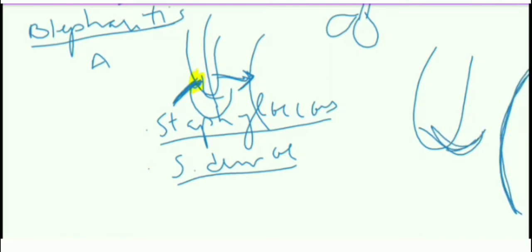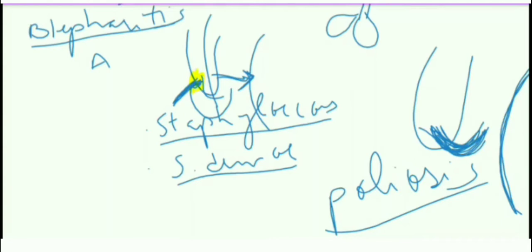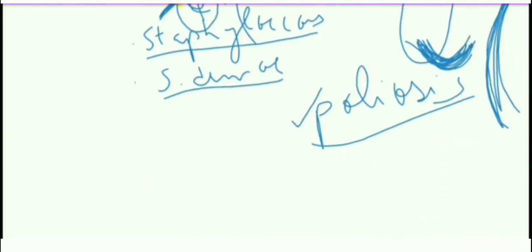And if the eyelashes are turned inwards, it can lead to scarring of the cornea and the conjunctiva, and it can lead to things like keratitis. Also, if the eyelashes are inflamed for a very long period of time, they can lose their color, which is called poliosis. It can lead to chronic inflammation of the globe of the eye, conjunctivitis, or keratitis.